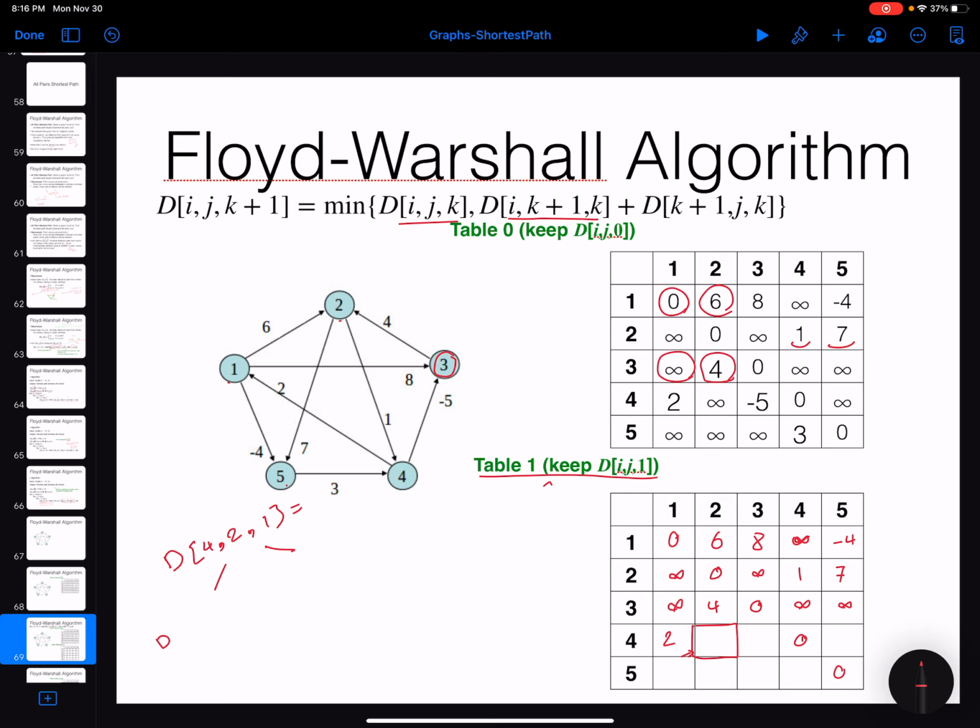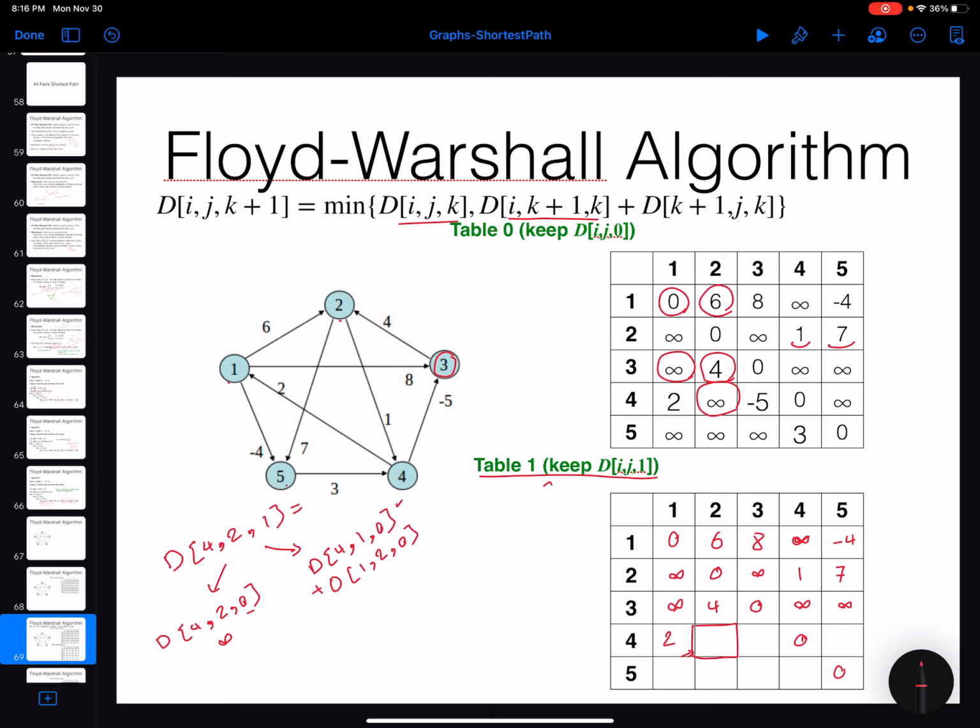Either don't use the node 1, so that's going to be the cost of going from 4 to 2 using 0 other edge, which we know is infinite, or you are going to get the minimum between these two: the cost of going from the node 4 to the node 1 without any other node, plus the cost of going from the node 1 to 2 without using any other node.